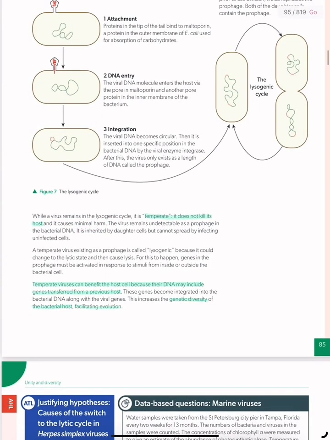But temperate viruses can benefit the host cell because their DNA may include genes transferred from a previous host, which increases genetic diversity, facilitating evolution.